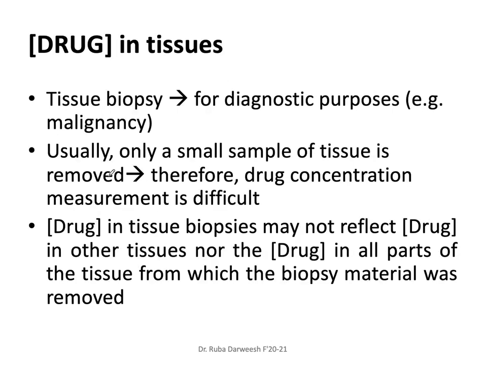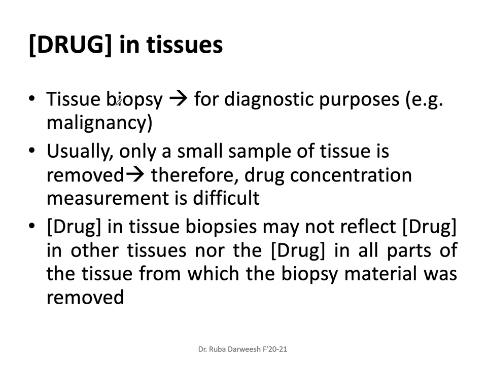For drugs in tissues, as I mentioned a couple of minutes ago, it's hard and not always feasible to take samples from tissues because it would be drastic. So we usually use tissue sampling only when we need to, such as tissue biopsies when we want to diagnose certain disorders, malignancies or tumors.